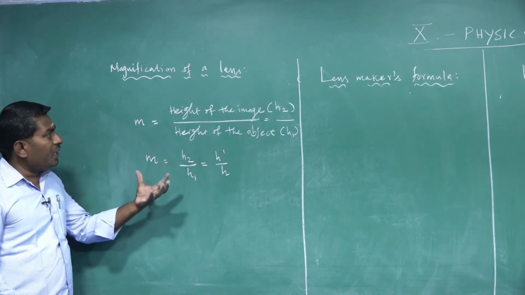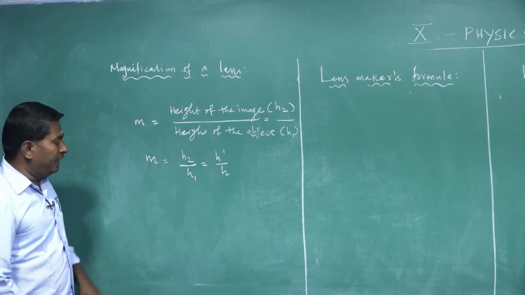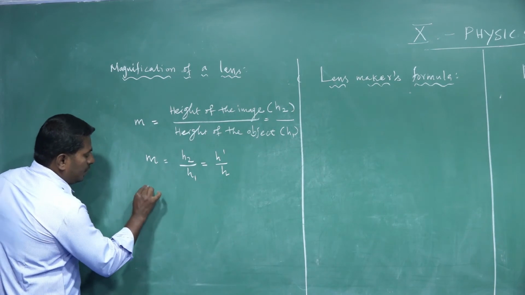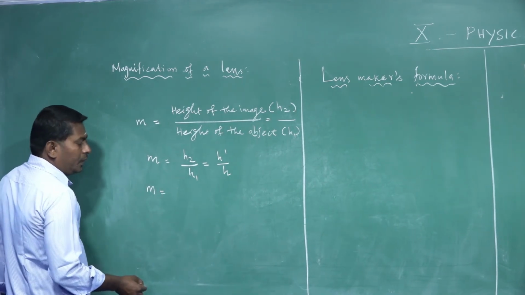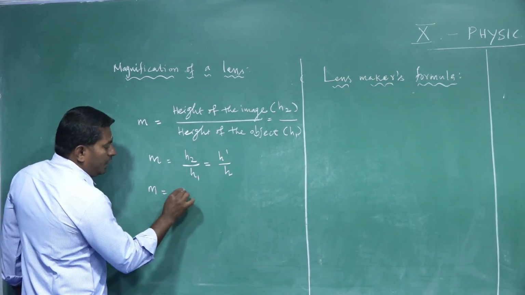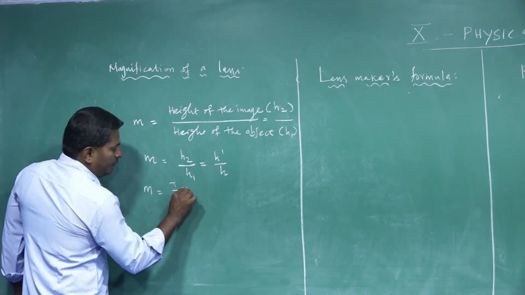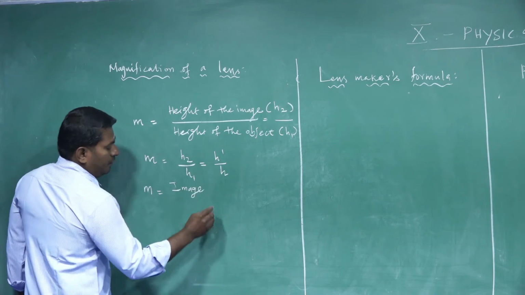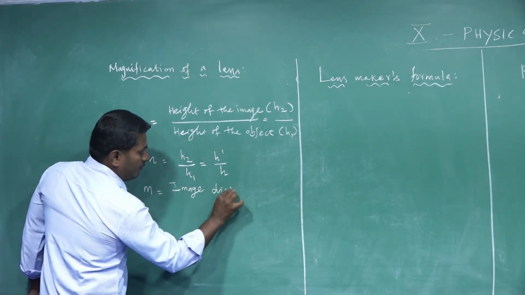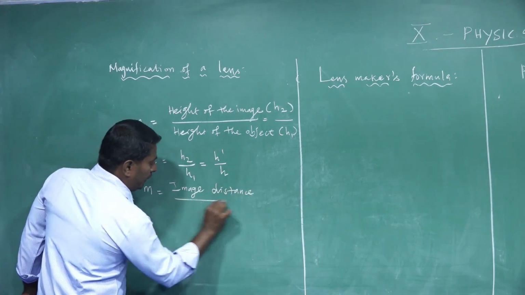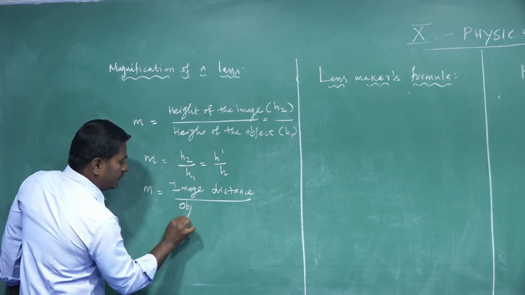The magnification of a lens can also be defined as m, which is equal to the ratio of image distance to the object distance.